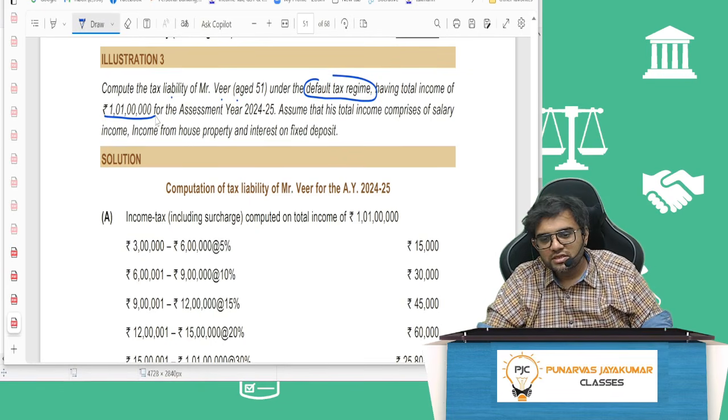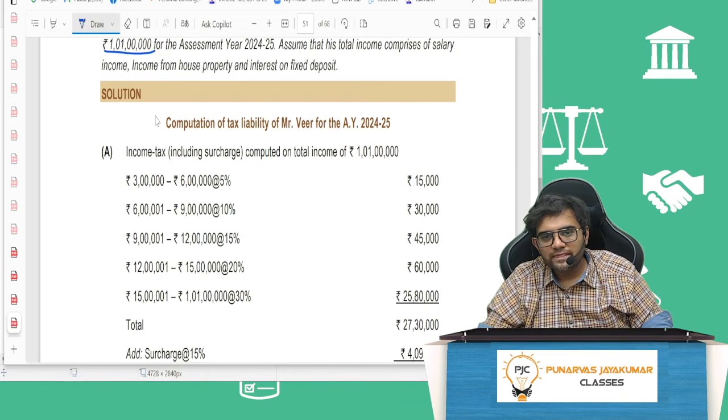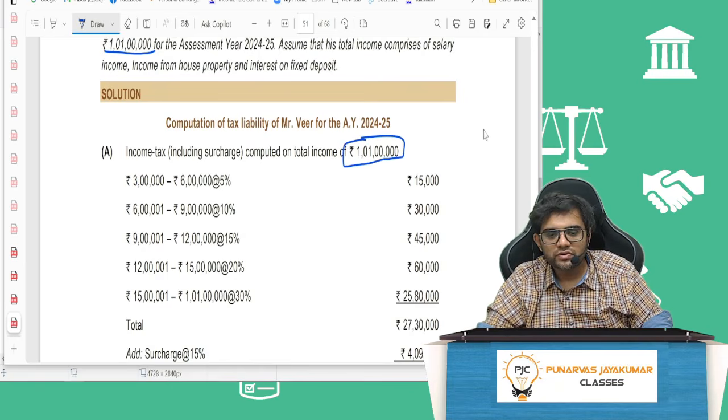But let's see. First is very simple. Computing the entire liability for 1 crore 1 lakh. How much it will be as per the new regime?